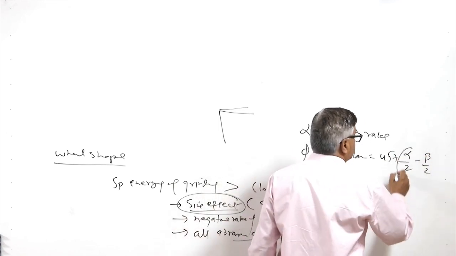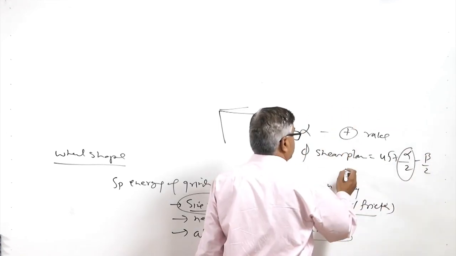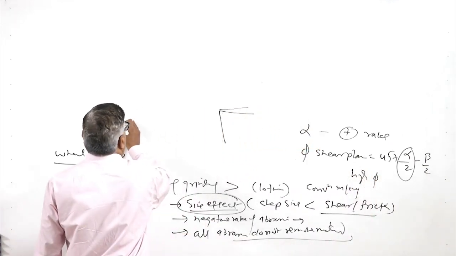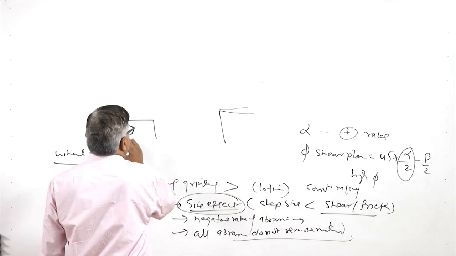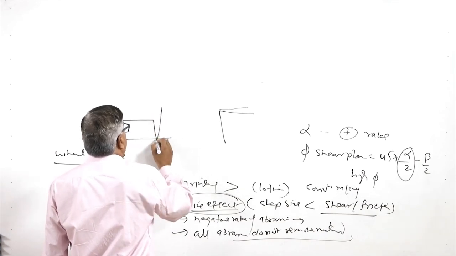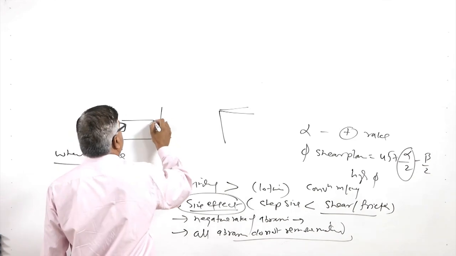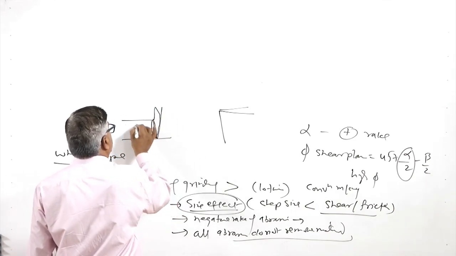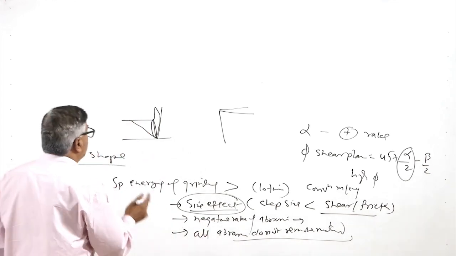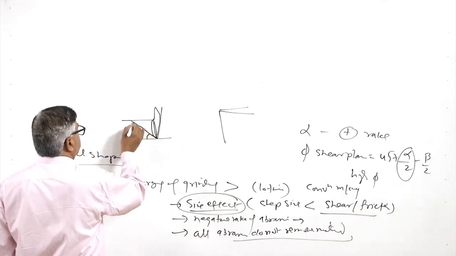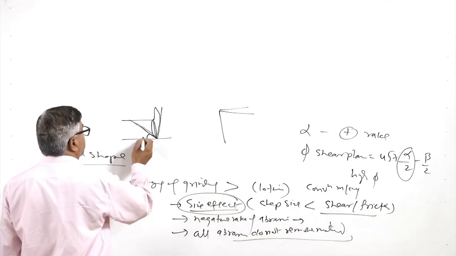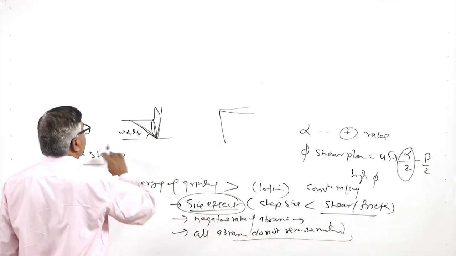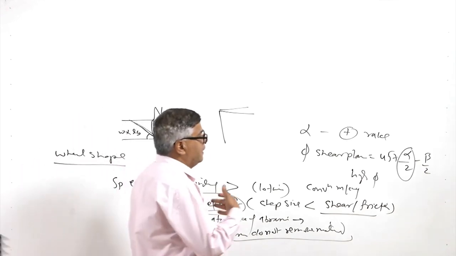So, positive rake gives us a high phi value, and a higher value of the shear plane angle results in a smaller shear plane area. So, lesser forces will be required as compared to the case when a lower shear plane angle is used, which leads to a greater shear plane length, and shear plane length multiplied by the width of cut decides the shear area.